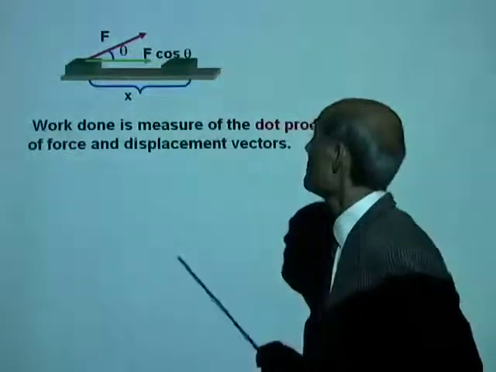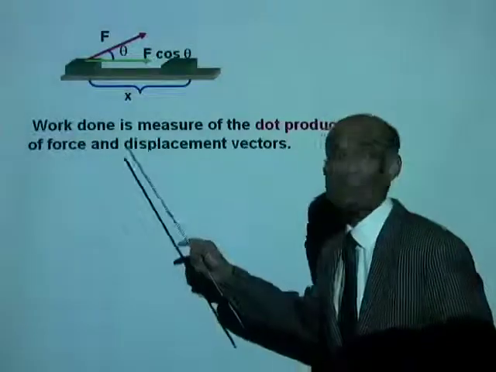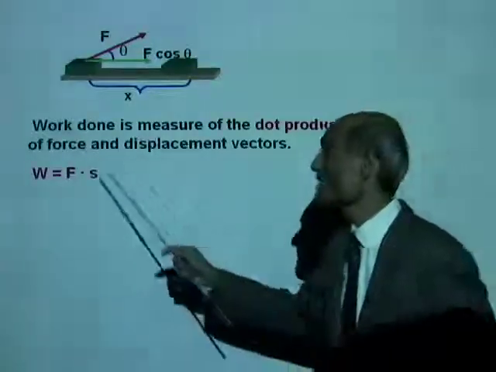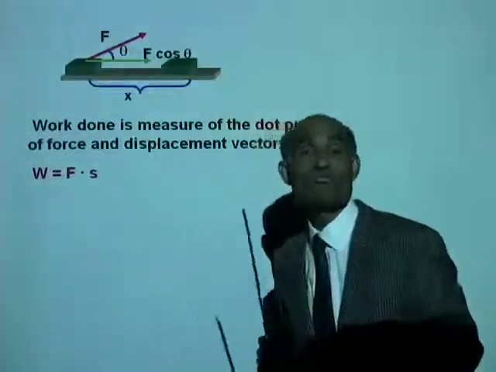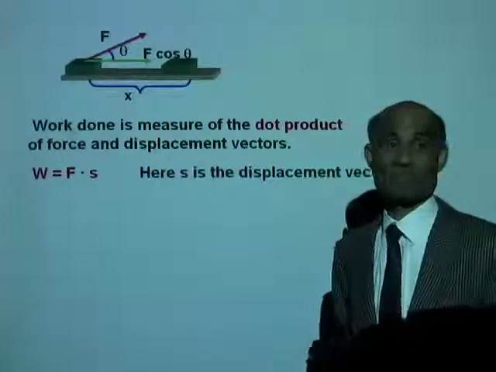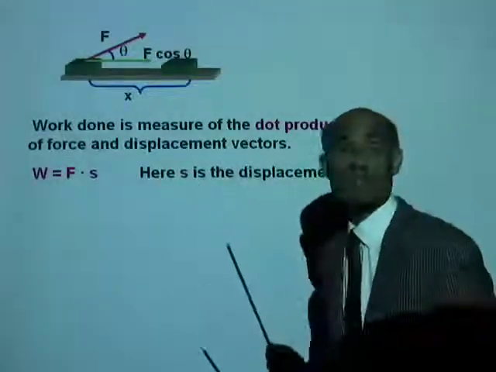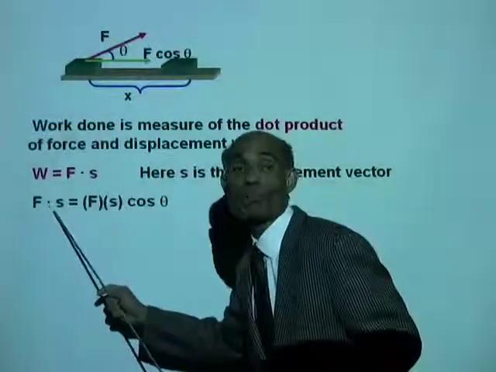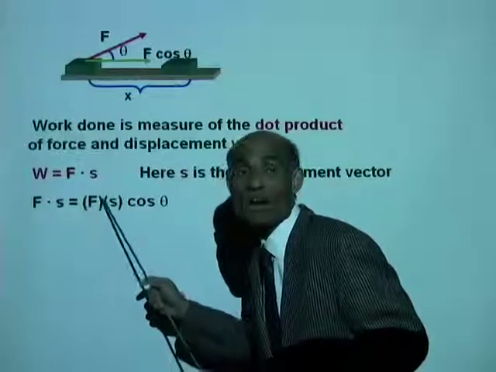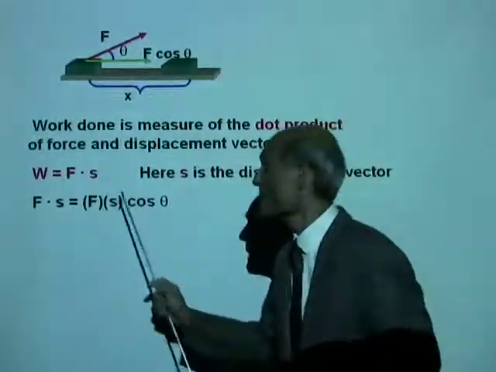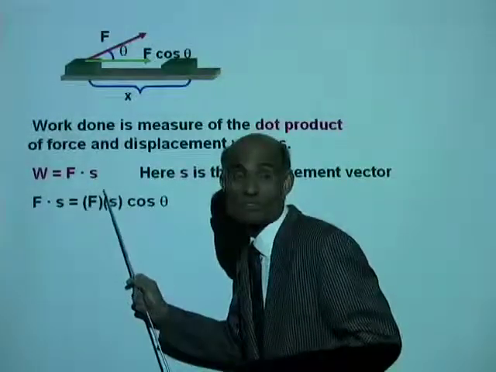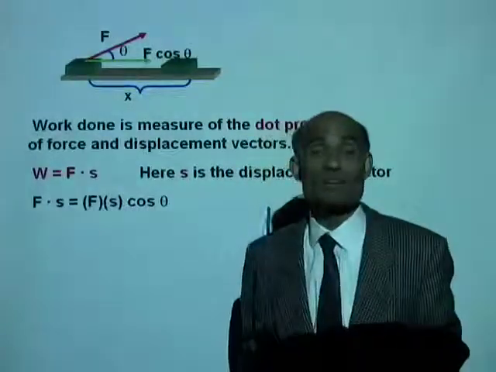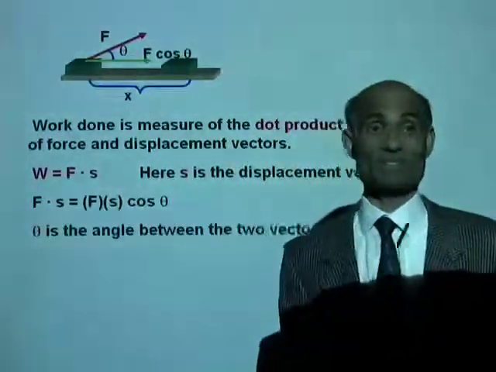Work done is a measure of the dot product of the force vector and the displacement vector. In other words, W equal to F dot S. Here, S is the displacement vector and F is the force vector, and therefore F dot S equal to F times S times cos theta: the magnitude of the force vector times the magnitude of the displacement vector times the cosine of the angle between the two vectors.